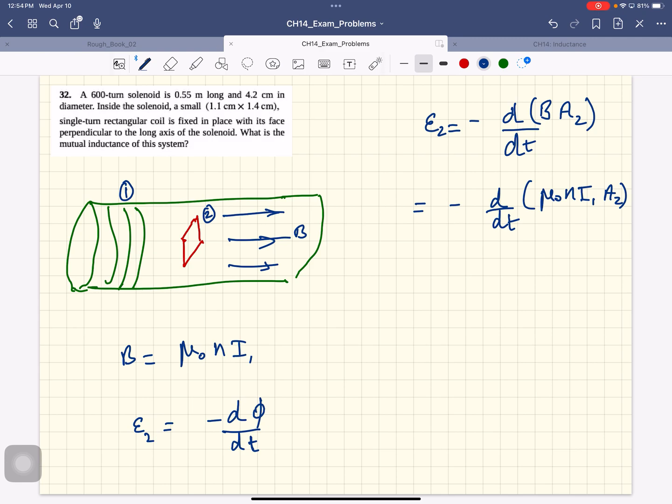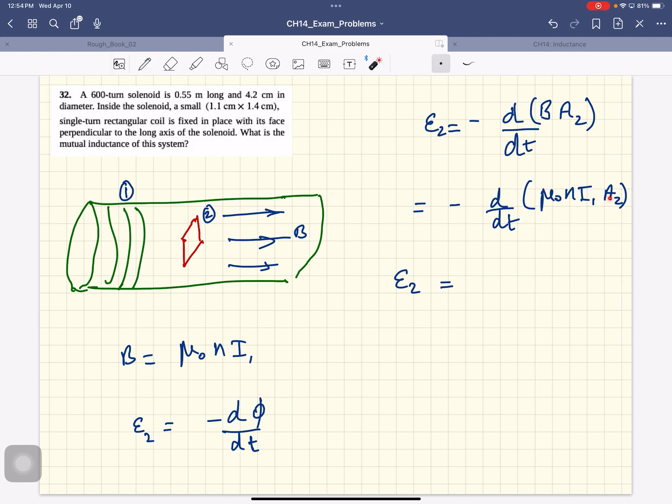All right, again, this solenoid is producing a magnetic field inside, and that magnetic field is threading this coil. And now what we'll do is we'll change the current in coil 1, so the magnetic field changes in coil 2, and that's inducing an EMF in coil 2. So E2, and what is changing?